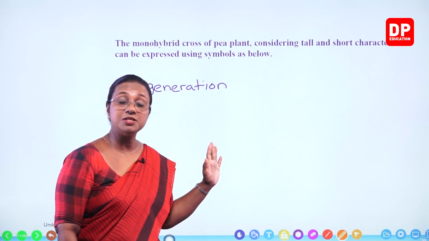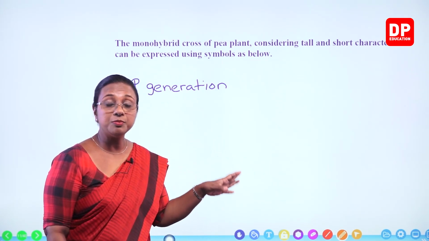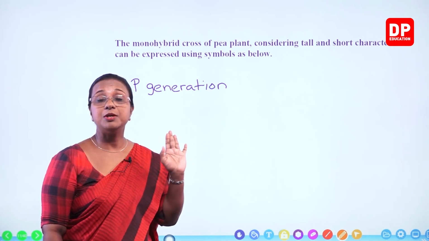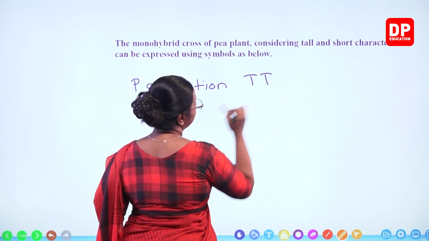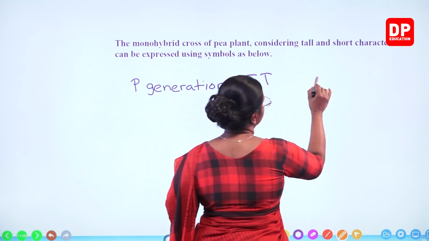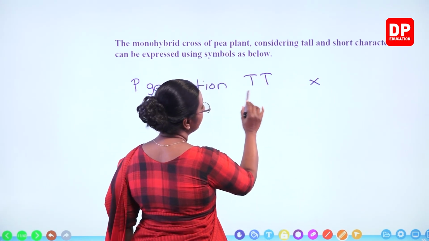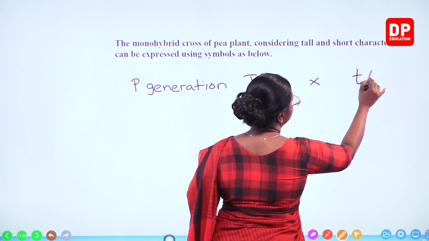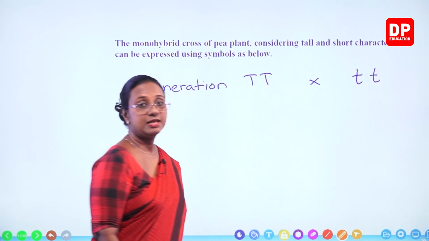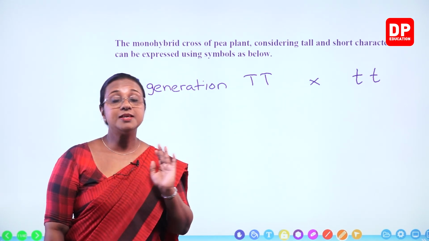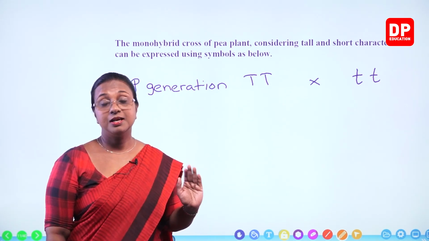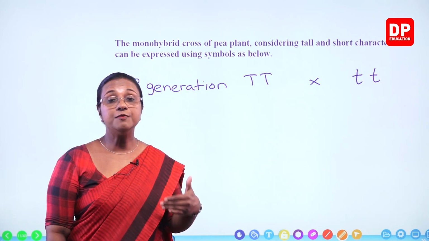When we say parent generation, it is the pure breed tall plant and the pure breed short plant. So pure breed tall plant, capital T, capital T. So there is a cross between tall plants and pure breed short plants, simple t, simple t. So when there is breeding taking place, gametes have to be formed.